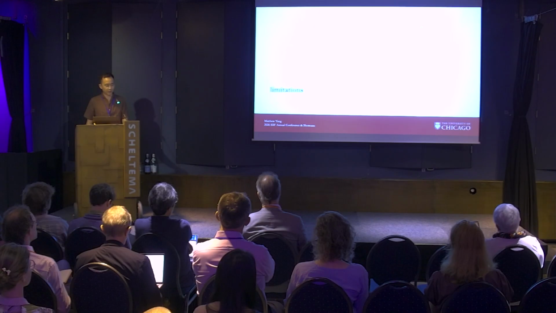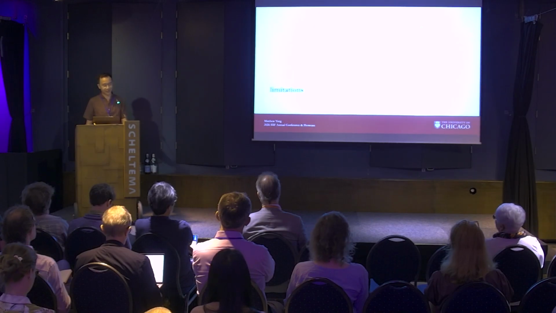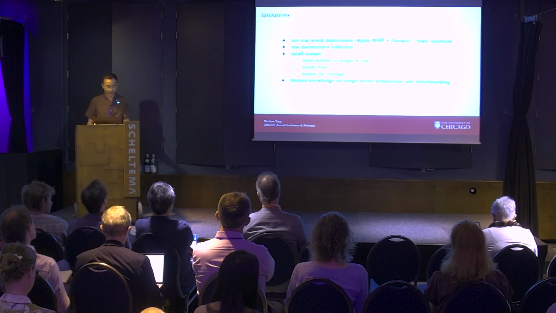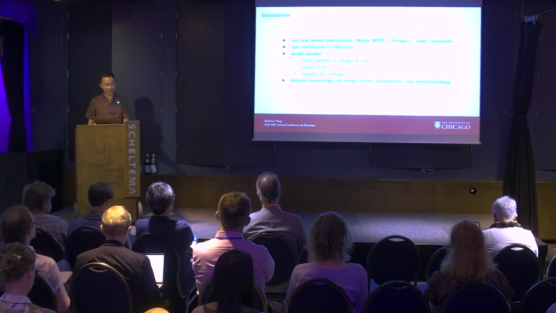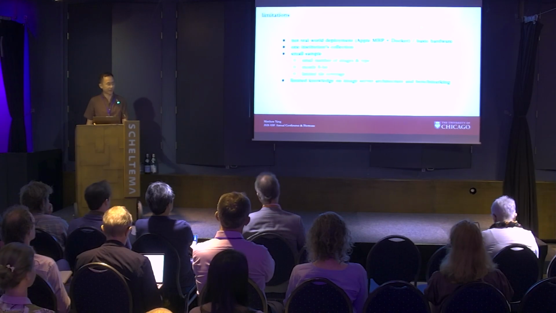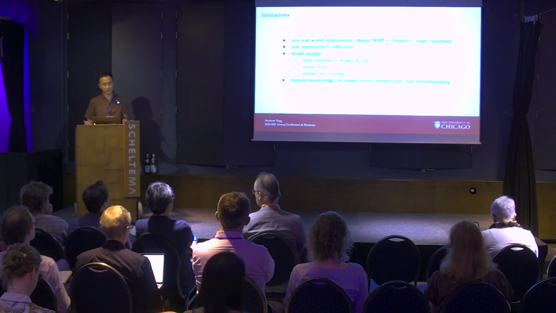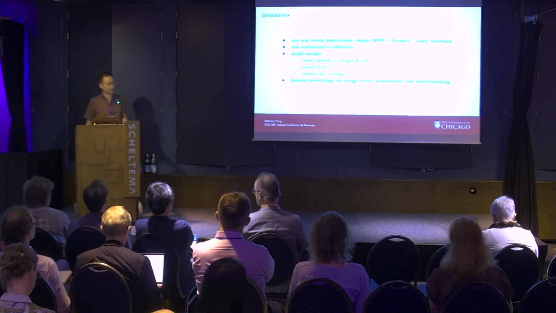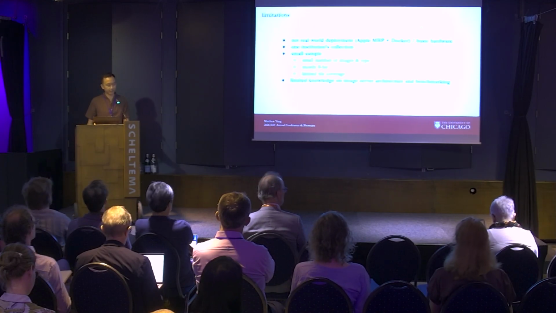Before talking about the findings, I have to be very frank about the limitations. The first is that I ran all of these tests on my MacBook, so the numbers can't be generalized to a real production environment. The second limitation is that we're just using the collection of UChicago to run these tests, so the numbers might be very different with an entirely different collection.